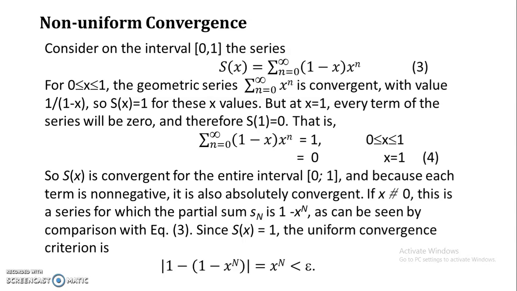But at x equal to 1, every term of the series becomes 0, and therefore s of 1 is 0. That is, the summation of (1 minus x) into x power n, as n runs from 0 to infinity, is 1 for x less than 1 in the closed interval 0 to 1, and at x equal to 1 only, this series is 0.